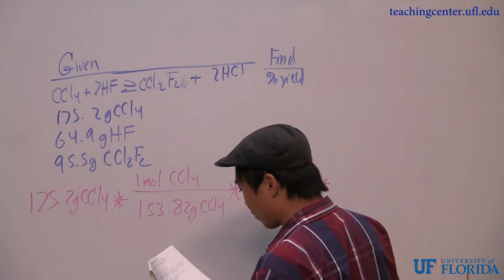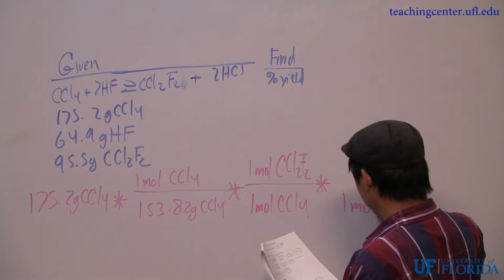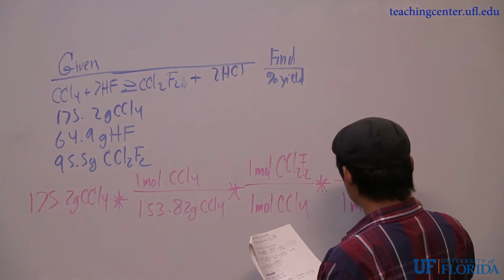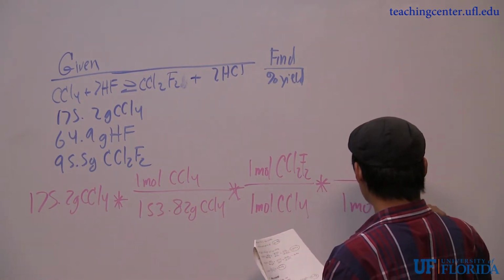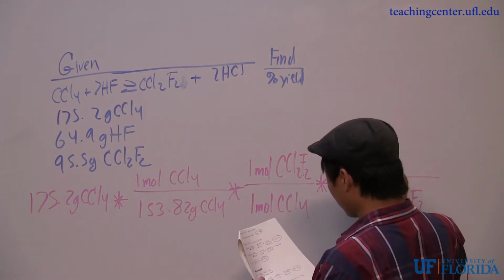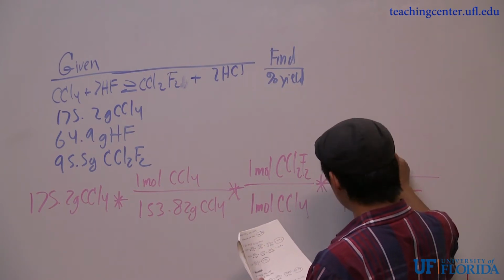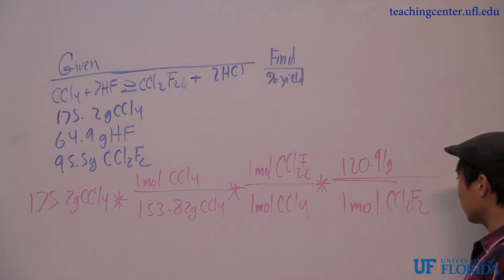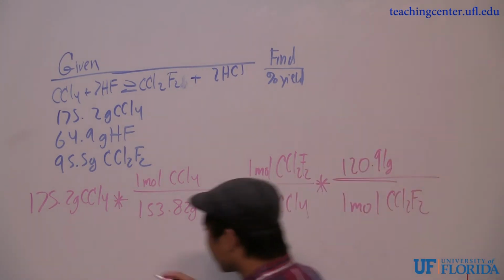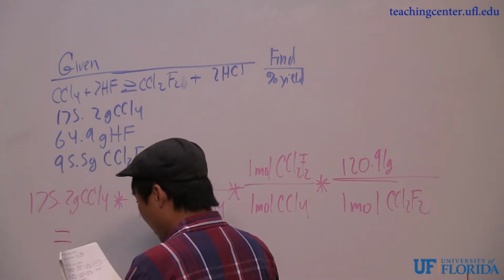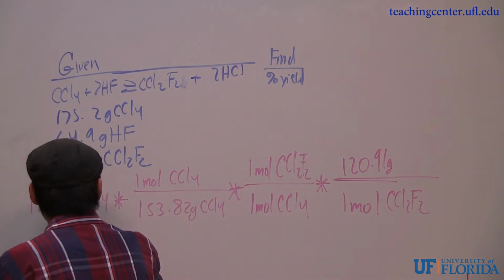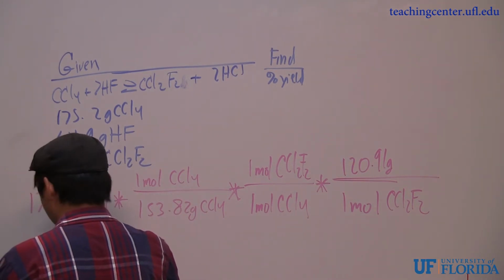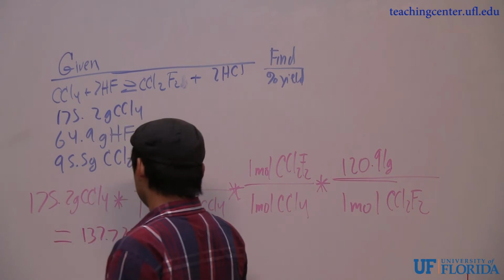And for every 1 mole of CCl2F2, there is 120.91 grams. Okay? And so if we do the voodoo magic known as math, what do we get? We will get around 137.72 grams.